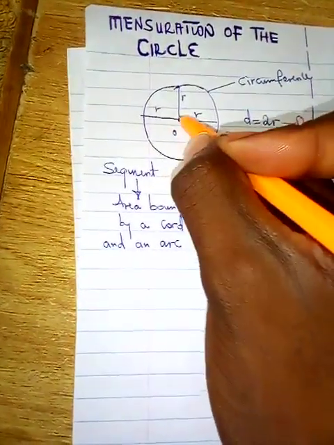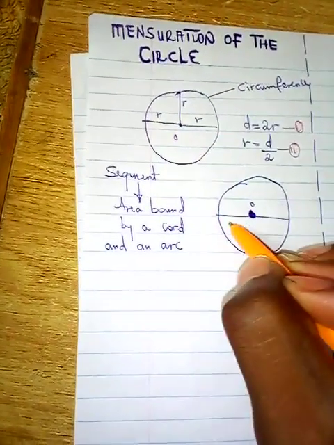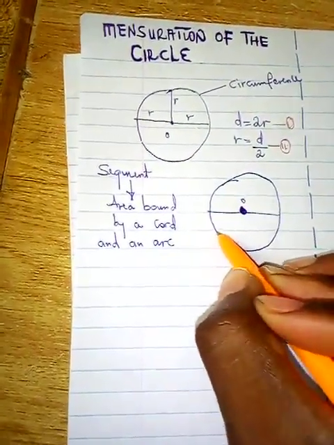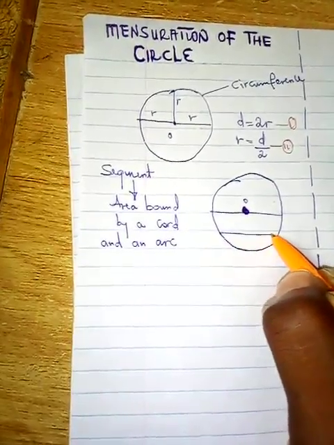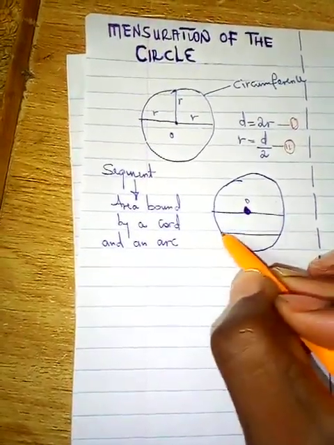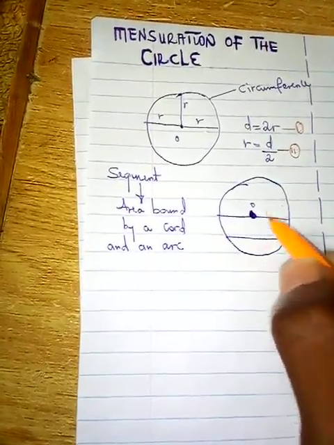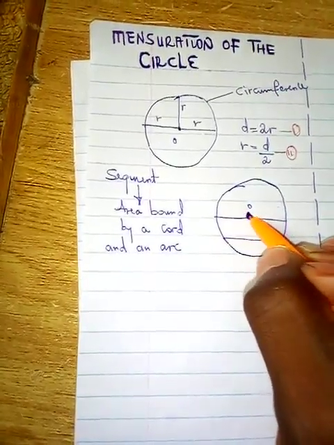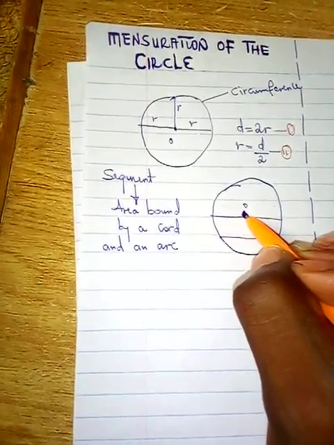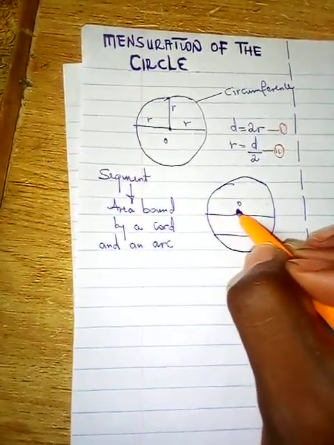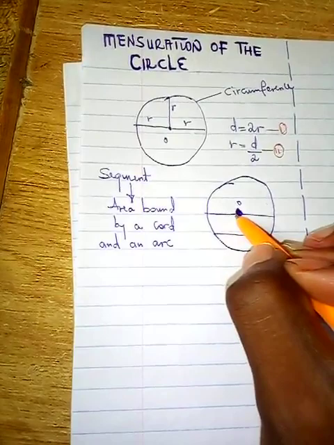It always passes through the center. This can be an example of a chord. A chord is any line that stretches from one point of the circumference to the other. The diameter here is a special chord. Why is it special? Because it always passes through the center of the circle.